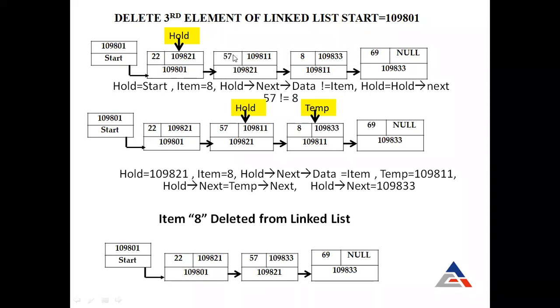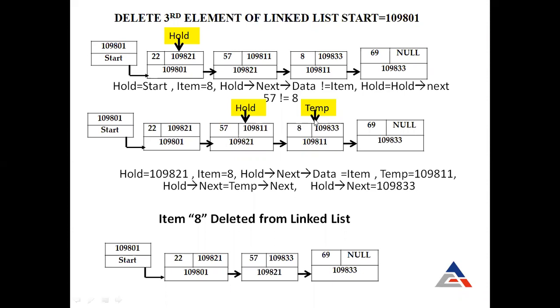Is the second element the element I want to delete? It said no. I want to delete element 8. So I'm searching. When I shift to stage number 2, I found that the element I want to delete is at location number 3. It means my searching is over, because I found the location of the element that I want to delete. So one operation is finished, that is the searching.